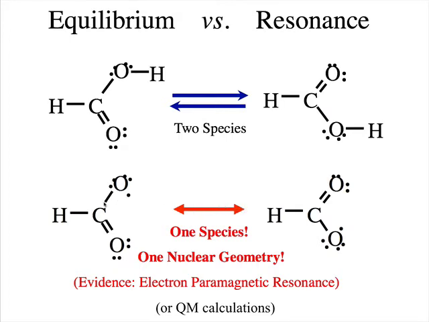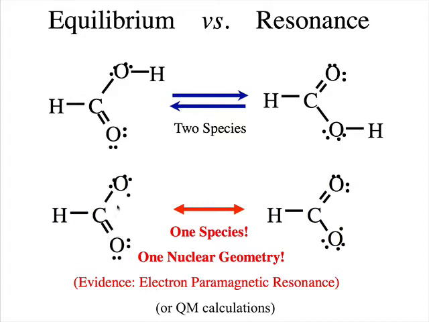So we can actually see this using an experimental procedure called electron paramagnetic resonance, that there is only one bond length. There are not two types of bonds here. There is not a carbon-oxygen single bond and a carbon-oxygen double bond where the single bond is long and the double bond is short.